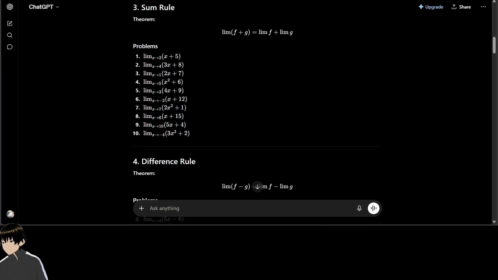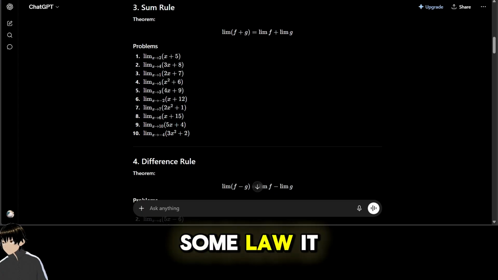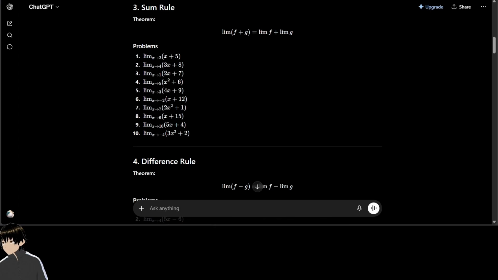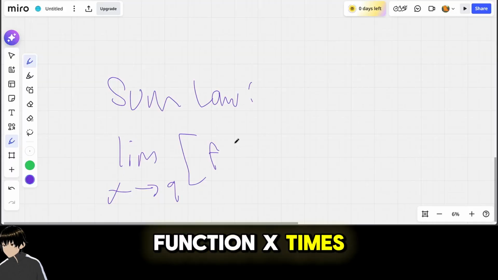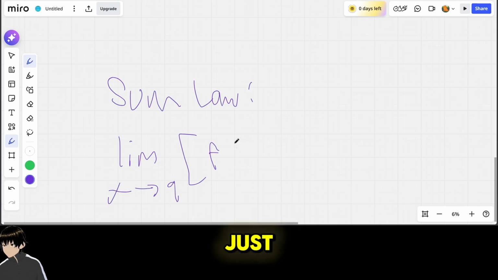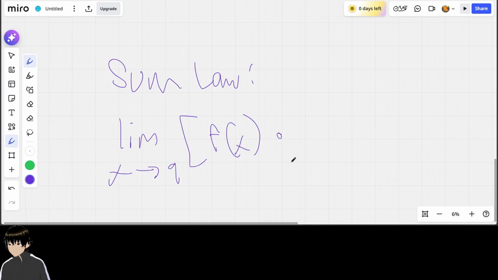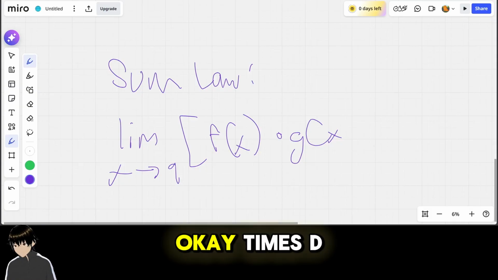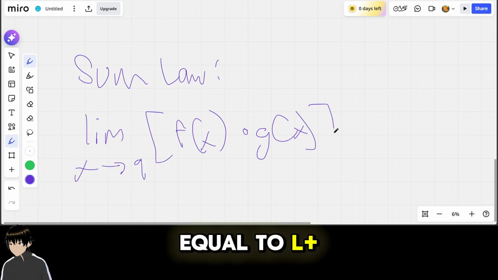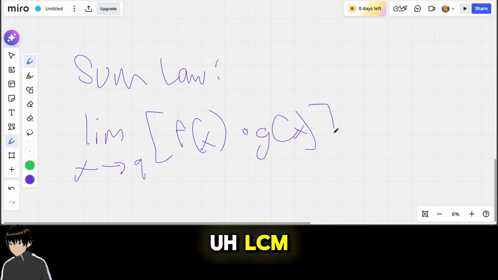The sum law says the limit as x approaches a of f of x plus g of x is equal to L plus M, I believe. So that's going to be the sum law.